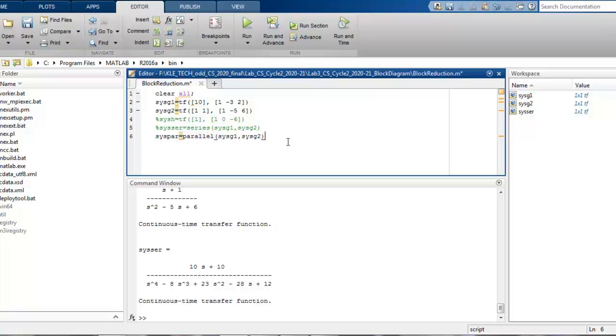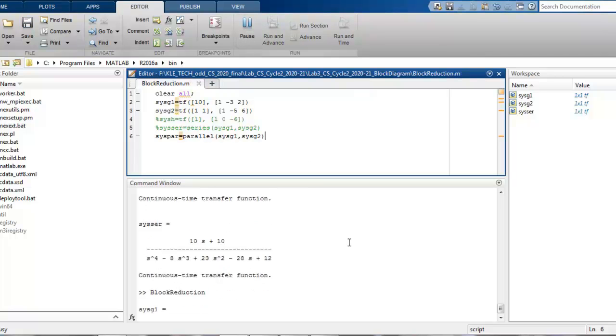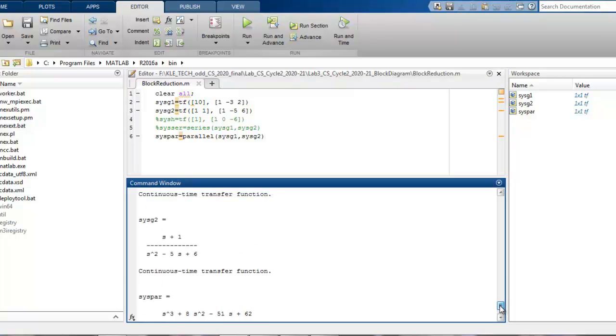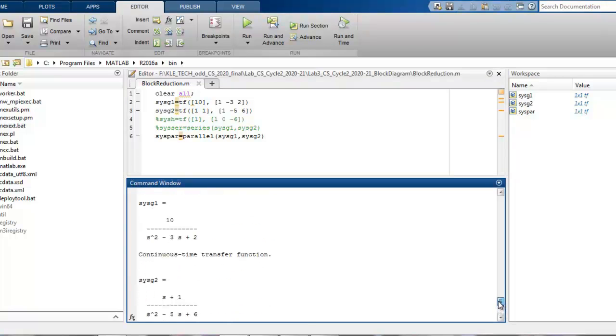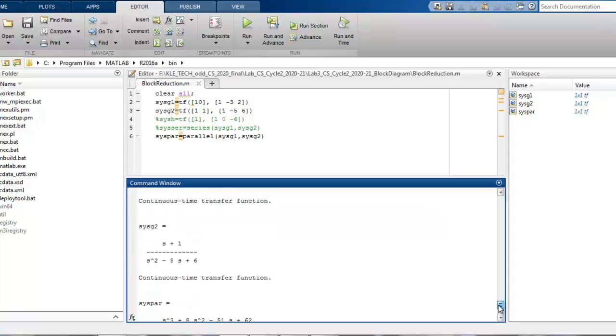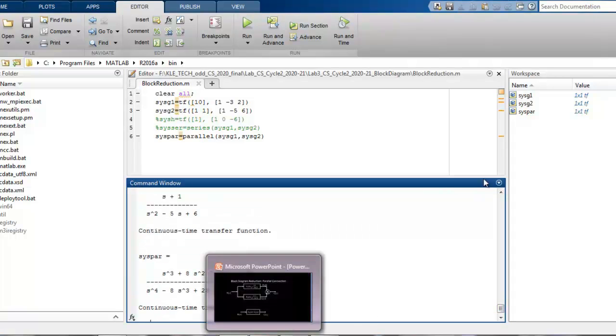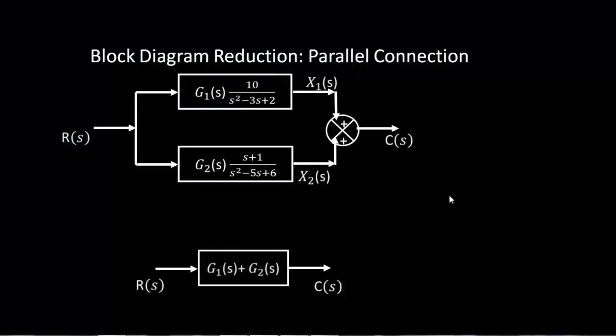If I use this and run the program, now the one that we got as series, we get as parallel. Here you can see sys G1, sys G2, sys parallel. Please verify the same from manual calculations, which I hope you will do.